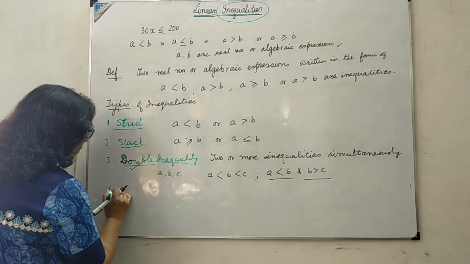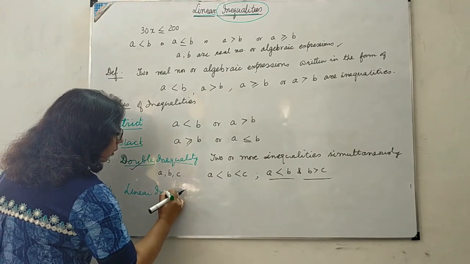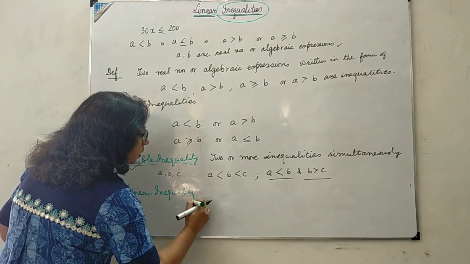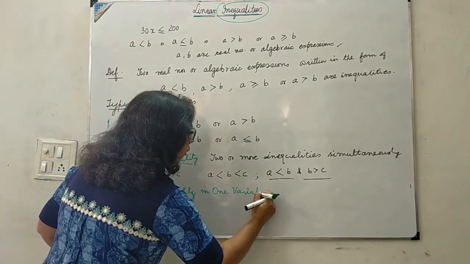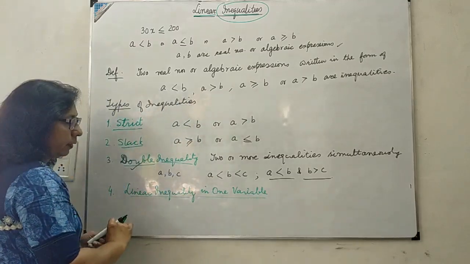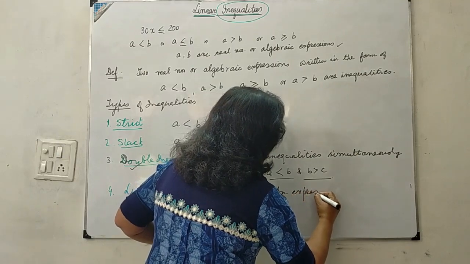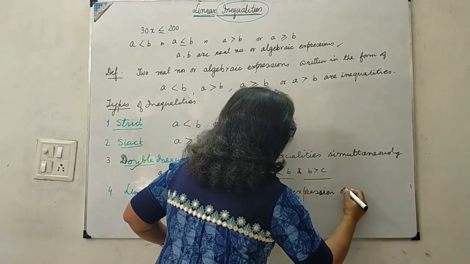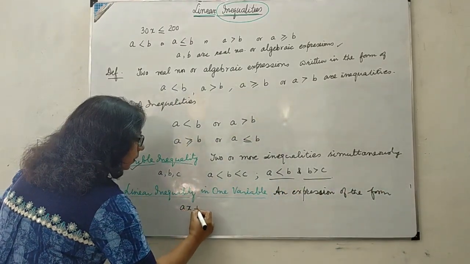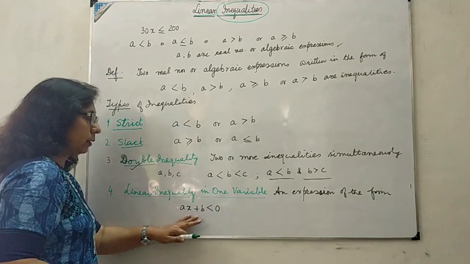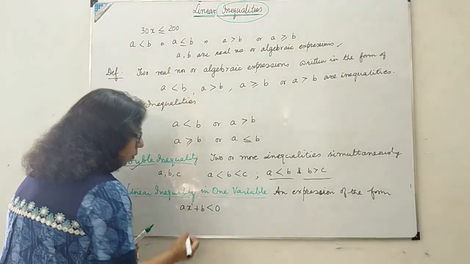Now the fourth one is linear inequality. This I can take in one variable and two variables. First, in one variable: an expression of the form ax plus b less than 0. This is one variable and this is a linear inequality because it has only degree 1.